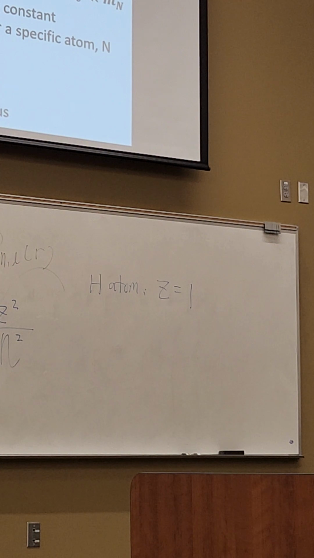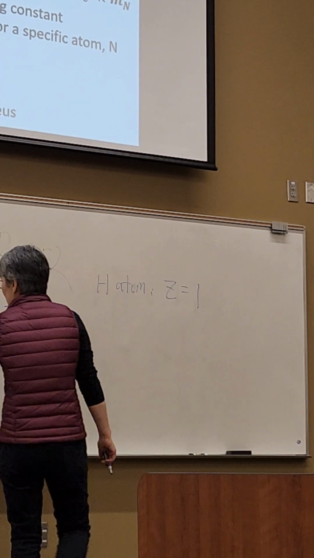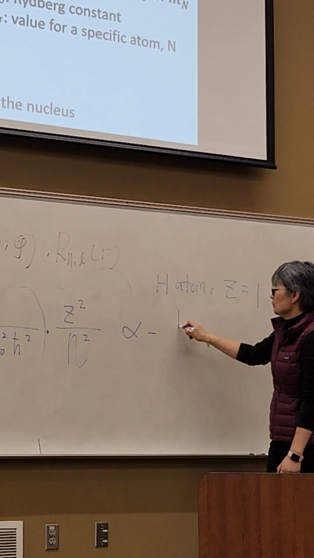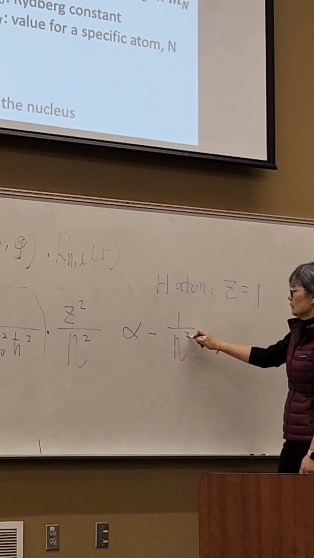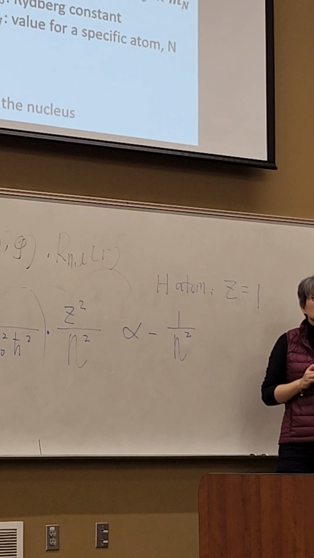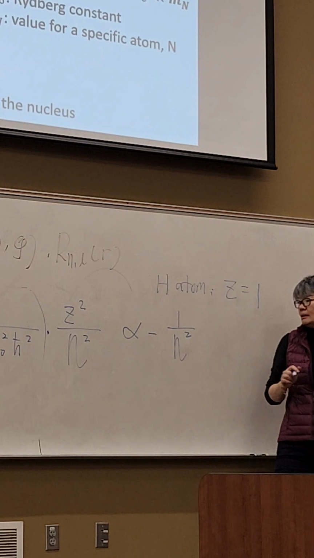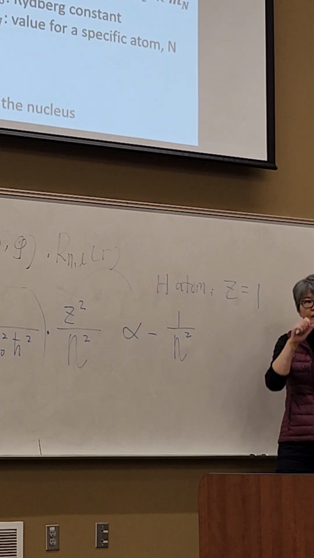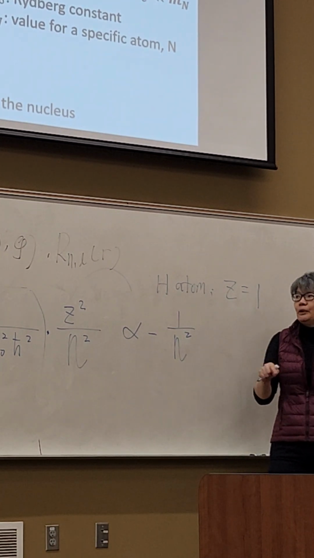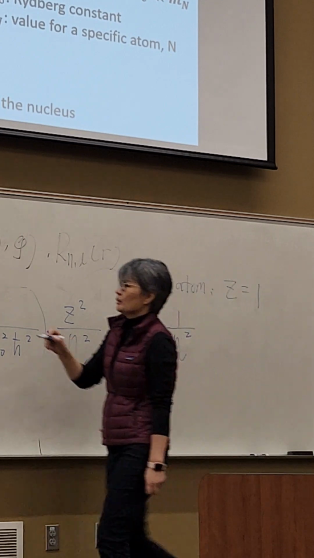Now, what is the relationship for E sub n? It's really proportional to 1 over n squared. So that means, clearly, the energy only depends on one quantum number, the principal quantum number.